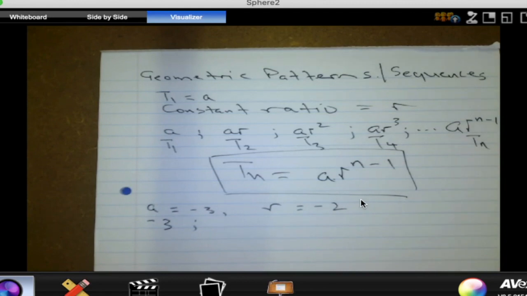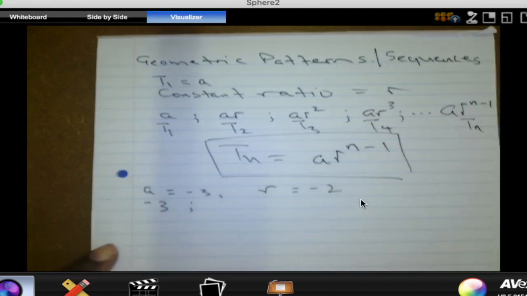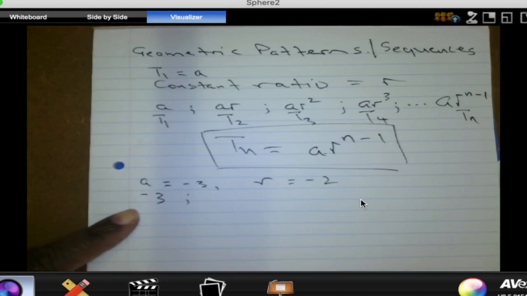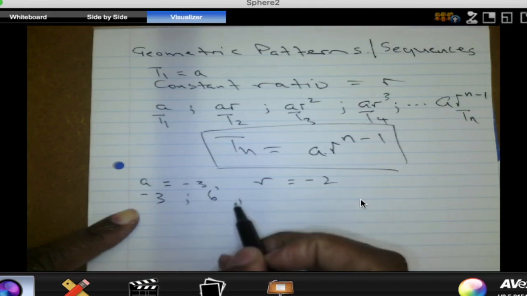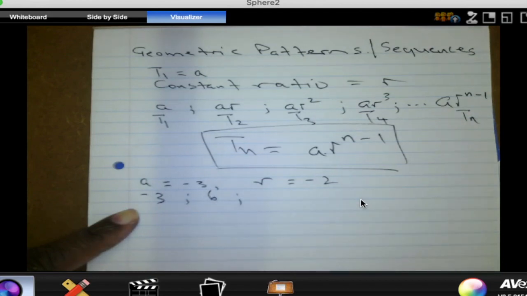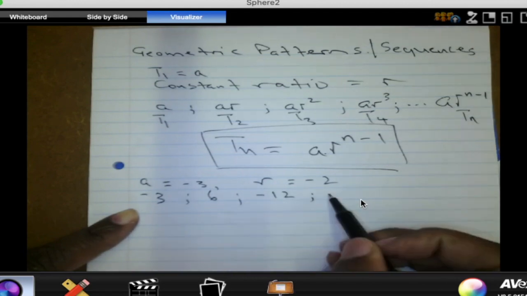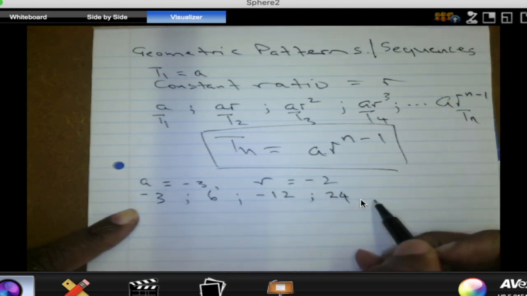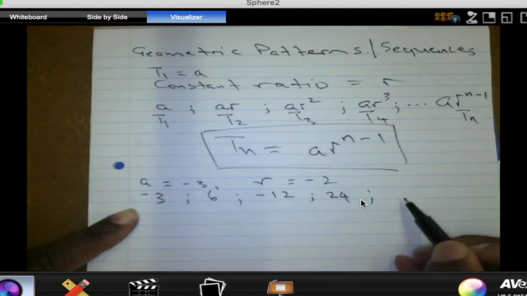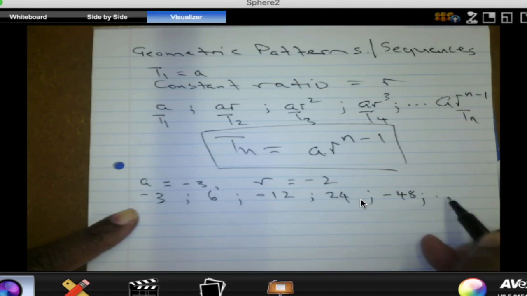Right, so if A is negative 3, then what is the next term? The next term will be 6, right? And what will be the next term? Minus 12, followed by? Yes. So followed by 24. Give me the last one. Minus 48. Right. We can stop there.